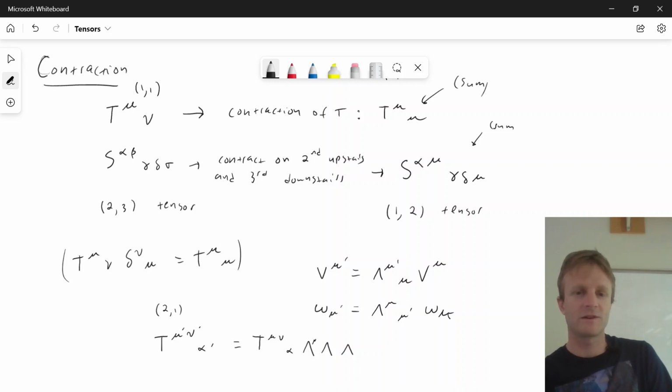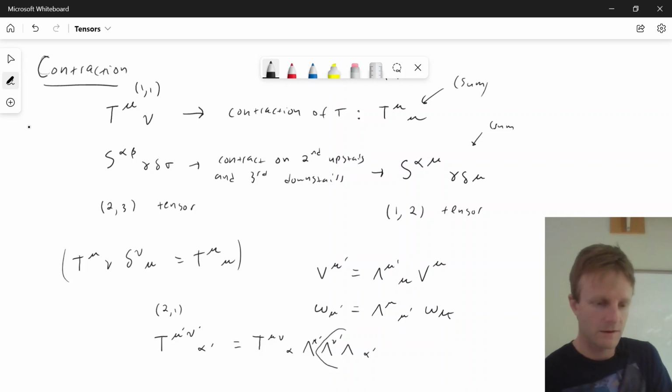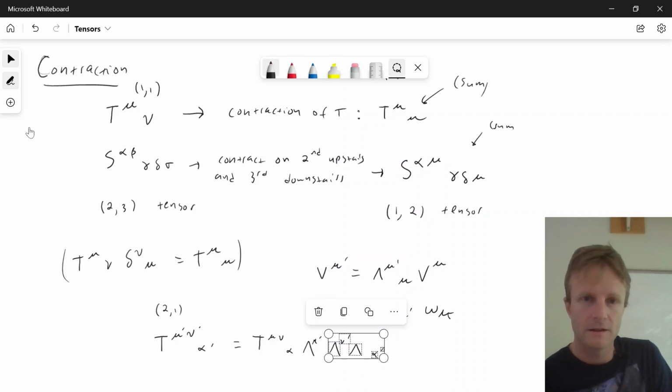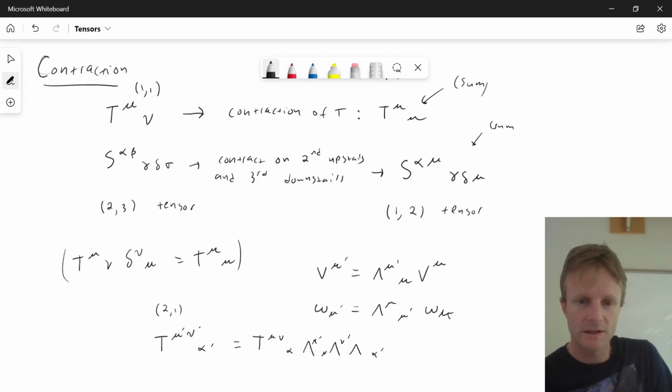So I need an upstairs mu prime to match that upstairs mu prime, and an upstairs nu prime to match that upstairs nu prime, and I need a downstairs alpha prime to match that, and then I fill in, as usual, the mu I need here. Notice that I'm fastidiously not writing these indices right on top of each other.